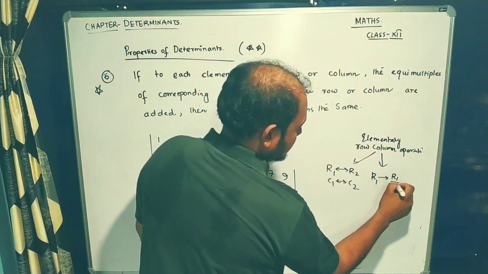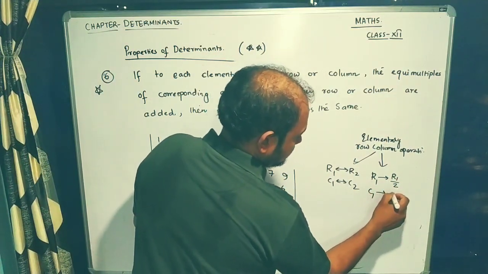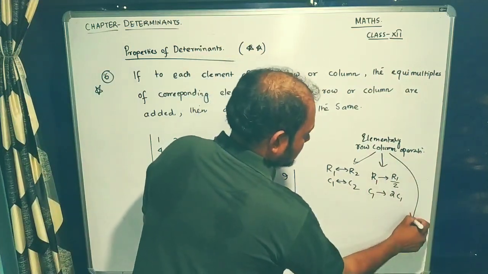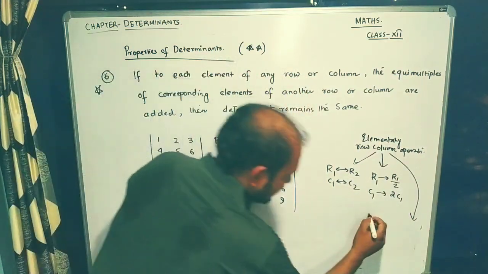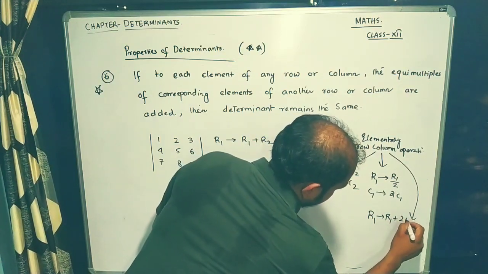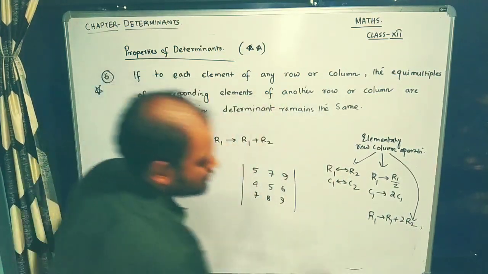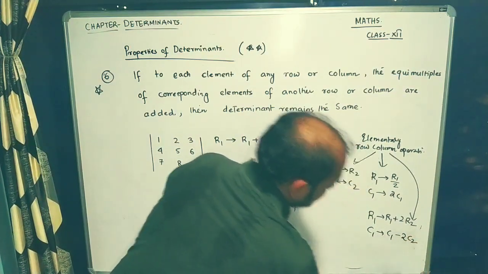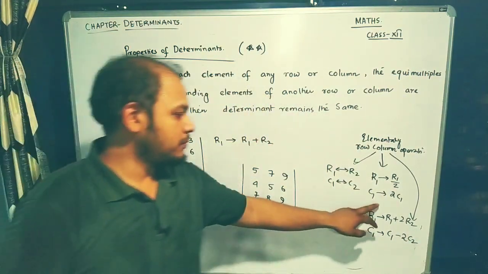You must have studied it, right? And what was the third operation? The third operation was adding the contents of one row to that of the other. For example, if I do this operation or if I do this operation, then this is the third type of column operation.